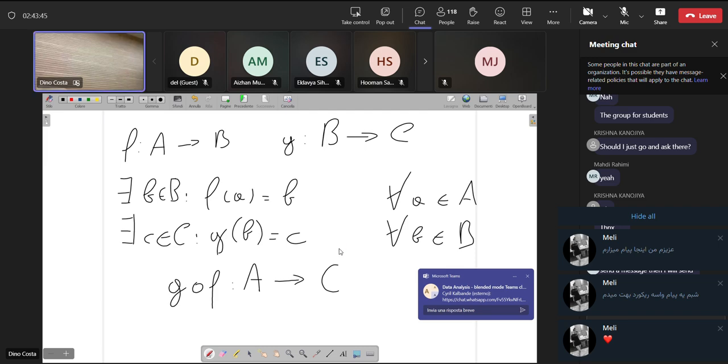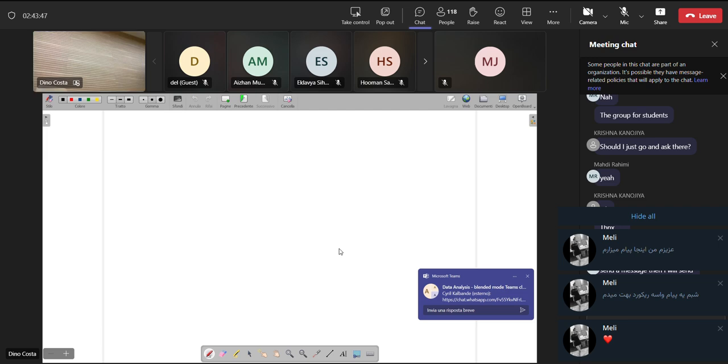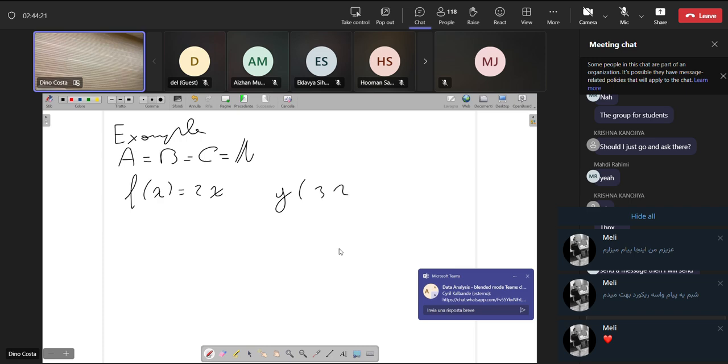Here I show you a numeric sample. Let A, B, and C all be equal and all natural numbers. In general, I don't use real. Consider f of x equal to 2 times x, and g of x equal to 3 times x.